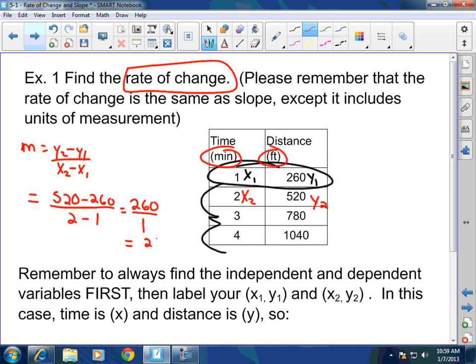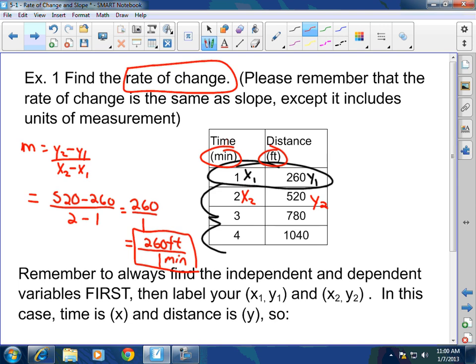This means that you traveled 260 feet in 1 minute. If you have units, you're looking for a rate of change. If you do not have units, you're simply looking for your slope. Slope and the rate of change are exactly the same. The rate of change is simply the slope with given units of measurement. Does everyone see how this happened? Does that make sense, guys? y2 minus y1 over x2 minus x1. Is everyone with me so far?